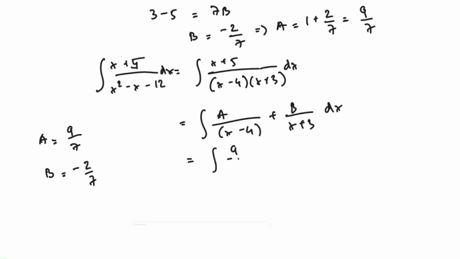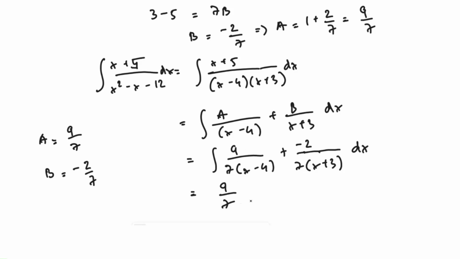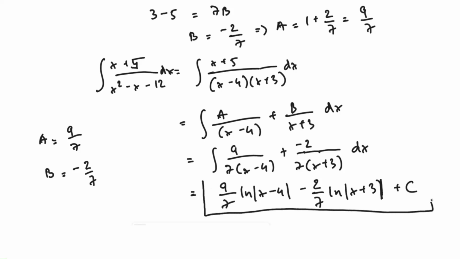So that equals 9 over 7 times 1 over x minus 4, plus negative 2 over 7 times 1 over x plus 3, dx, right? So this integral equals 9 over 7 natural log of x minus 4, minus 2 over 7 natural log of x plus 3, plus c. Okay, so this is how you use partial fractions to evaluate the integral. So this is our final answer.